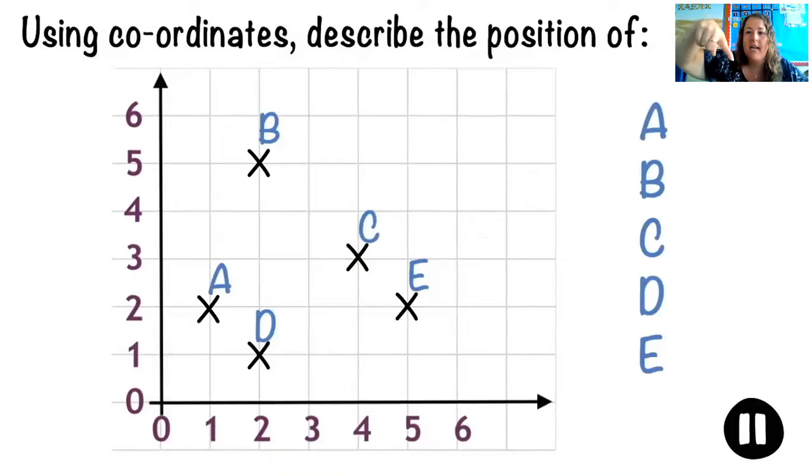Remember, along the corridor first, and then up the stairs, your x, and then your y. So I'm going to pause it here for you, and then we'll mark it together in a second.